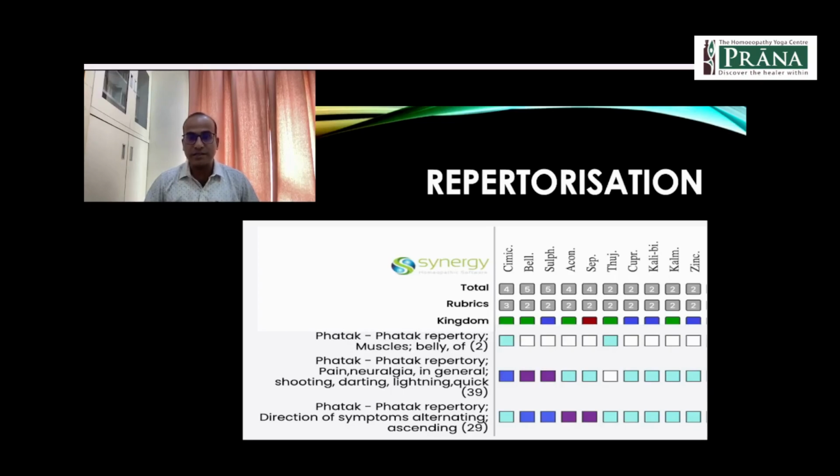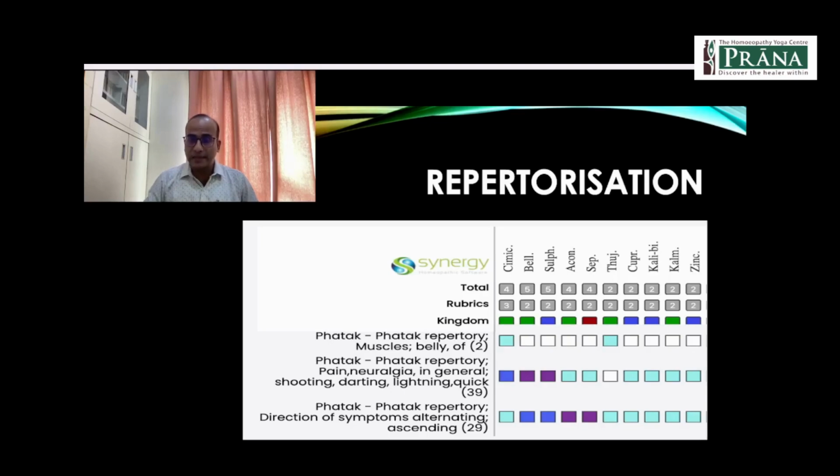And the direction: going upward from knees to thighs, and in the neck also the pain goes upward. When I put these three rubrics in the repertory, we got the remedy Cimicifuga. A very interesting result, because Cimicifuga is the only remedy covering all three symptoms.